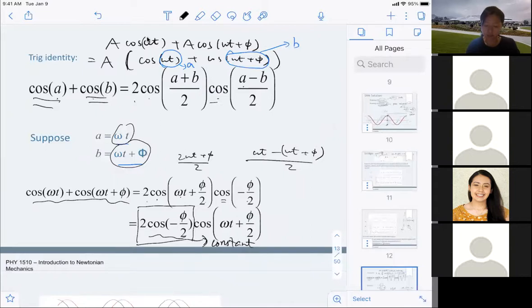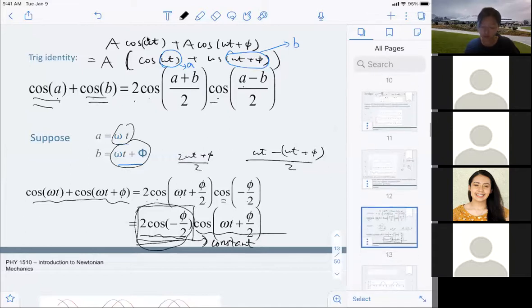What this function is, is a cosine function, cosine omega t plus phi over 2. So we know exactly how to plot this, right? This is just a cosine function with the amplitude changed a little bit, because now you have a different constant multiplied by A.